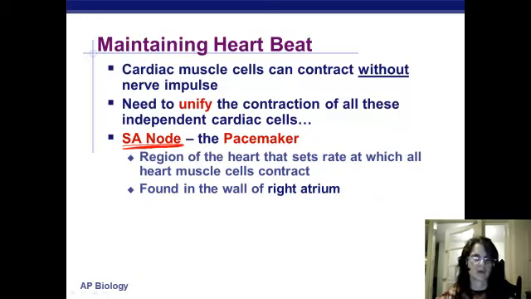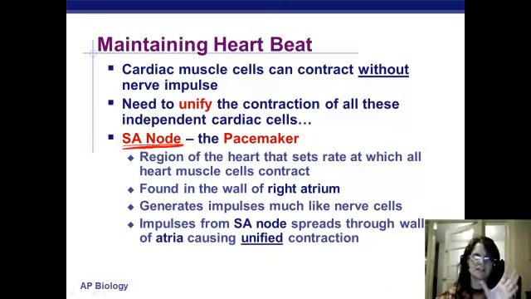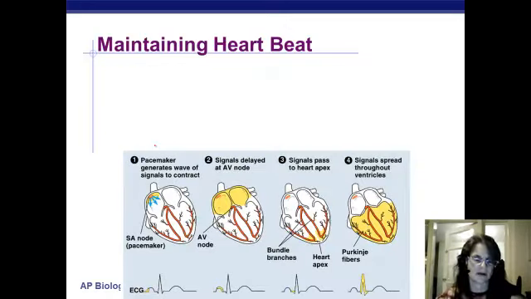The A is for the atrial wall, where it's found. So this is going to set the rate at which all the heart muscle cells contract. It's the master switch. Okay, it generates impulses, and then these impulses travel from the SA node out into the heart so that it has a unified contraction. All these cells are contracting together.